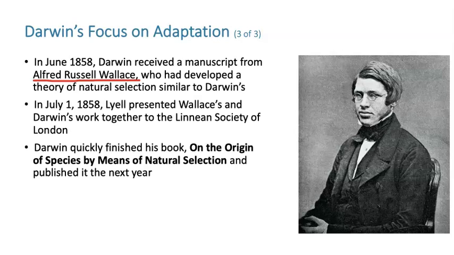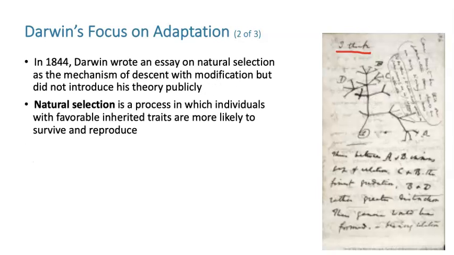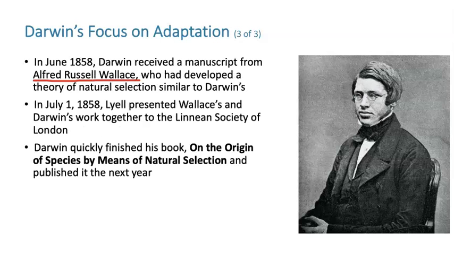So in 1858, Darwin publishes Wallace's letter and the essay that he had written back in 1844. He has them published in the journal of the Linnean Society of London. And after this publication, within the year, Darwin writes the book that we're so familiar with, On the Origin of Species by Means of Natural Selection. So he published that within a year.